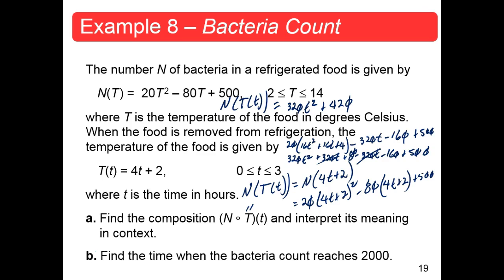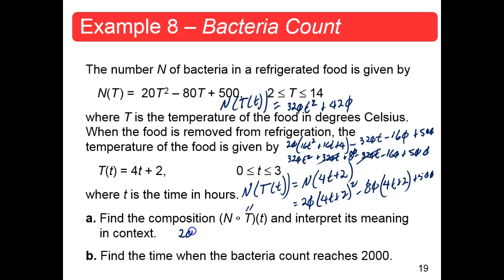Okay, so if you interpret it, the meaning is the number of bacteria as a function of time out of the fridge. Now it says, find the time when the bacteria count reaches 2,000. You just plug it in. The count is 2,000. That's your N of t.